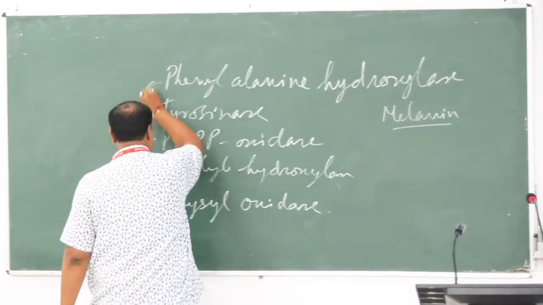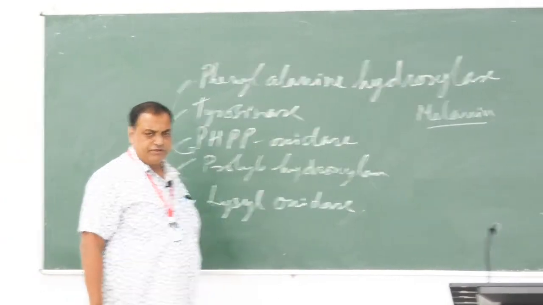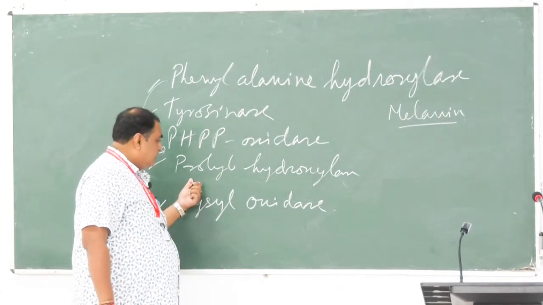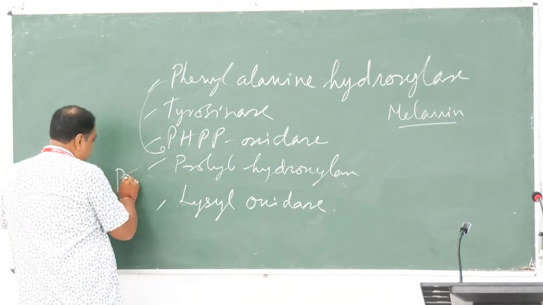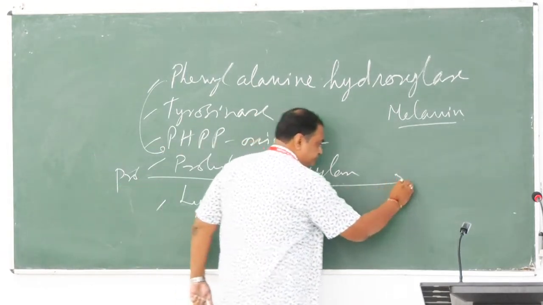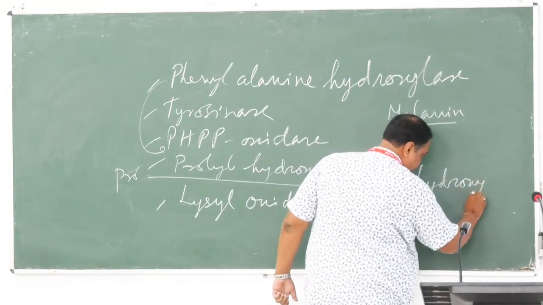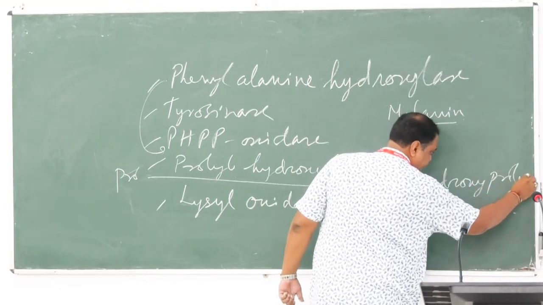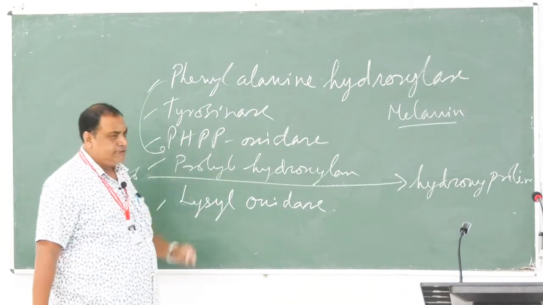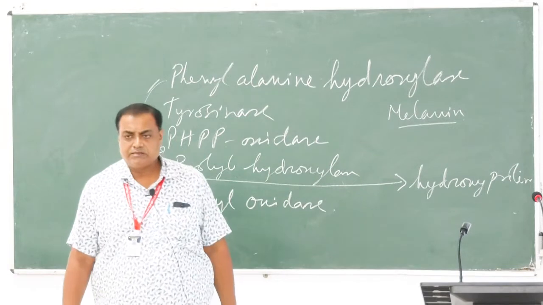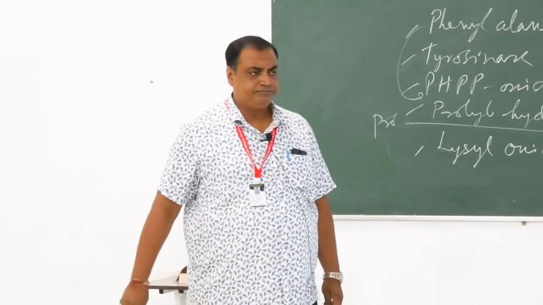PHPP oxidase is another enzyme in the same pathway down to tyrosine formation. Prolyl hydroxylase and lysyl hydroxylase are involved in hydroxylation of proline, forming hydroxyproline. This is an important post-translational modification taking place in collagen fibers.